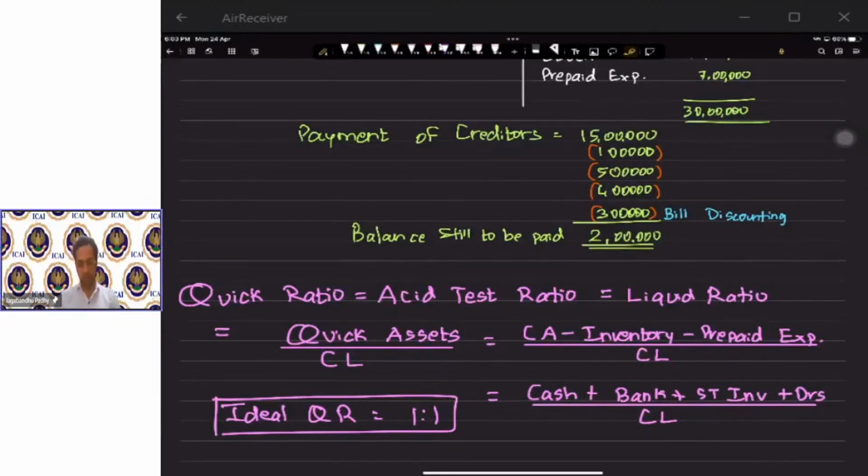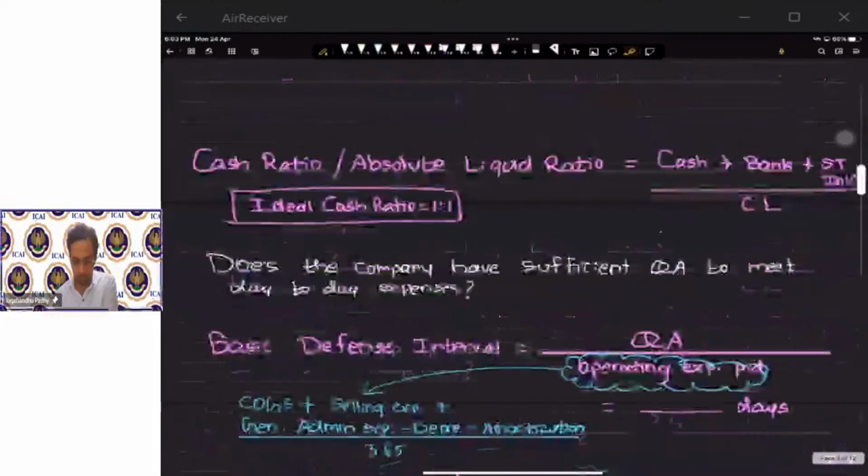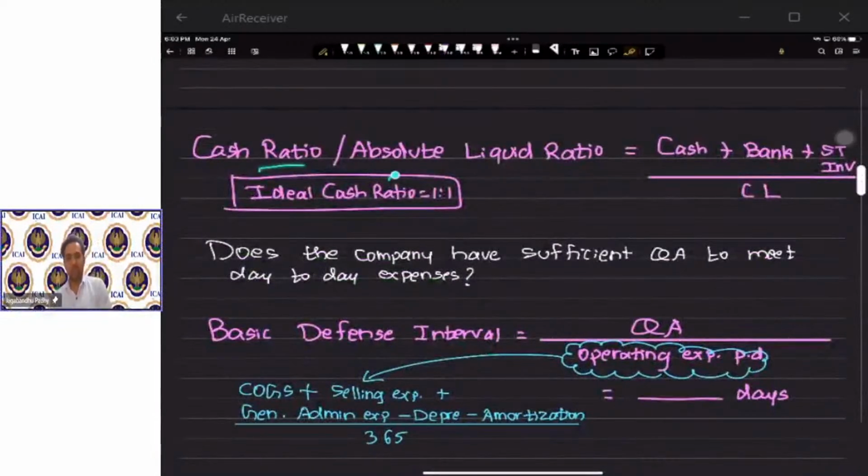Okay. So ideal quick ratio is going to be 1:1, right? Cash ratio or absolute liquid ratio is the most strict version of it, which is cash, bank, and short-term investment, the whole divided by the current liabilities. So ideal cash ratio is 1:1.